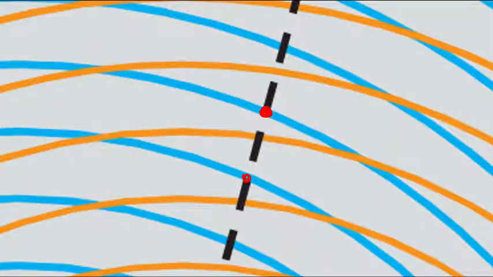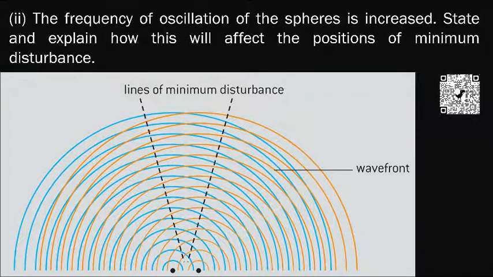This is another successive crest. Between 2 successive crests, I will have a trough. This trough is exactly overlapped with the crest of the other one. So a trough and a crest have overlapped to make destructive interference. This is the reason that on those lines we have very low amplitude or minimum disturbance.